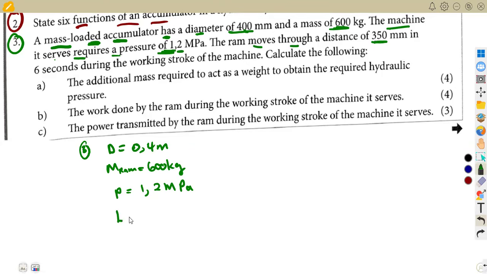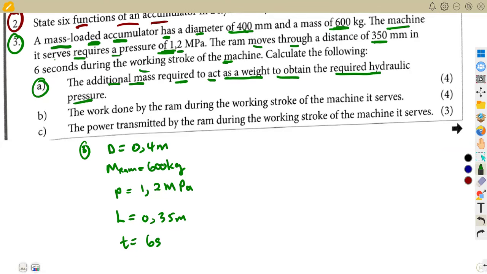So this is L or H. You can write L or H, which is 0.35 if you divide by 1,000. We are also given the time frame, which is 6 seconds during the working stroke of the machine. Calculate A, the additional mass required to act as a weight to obtain the required hydraulic pressure.